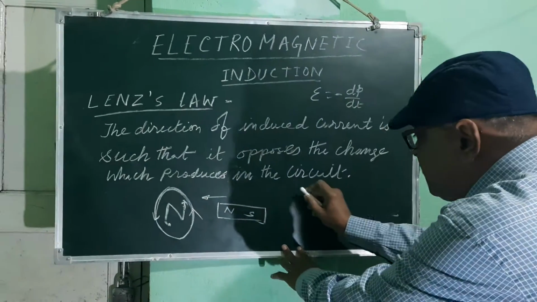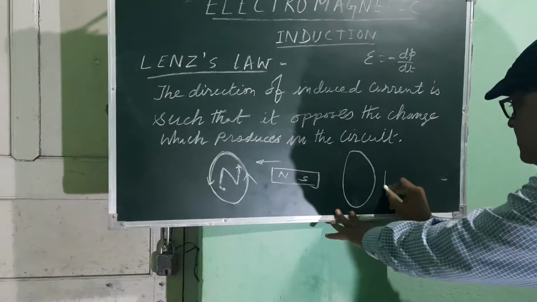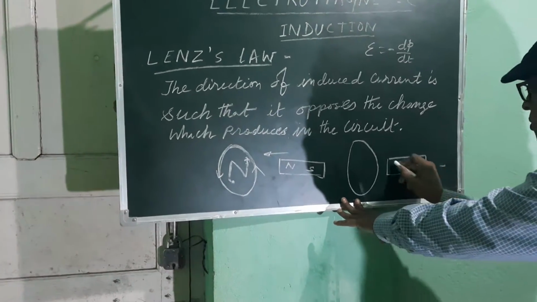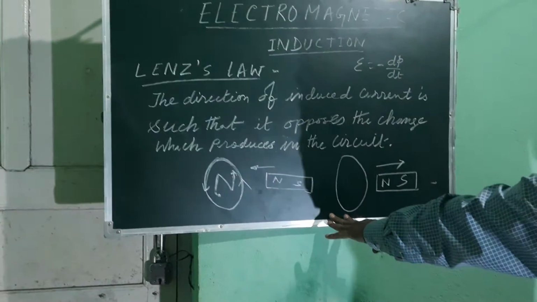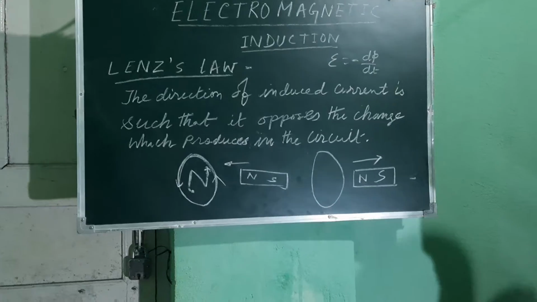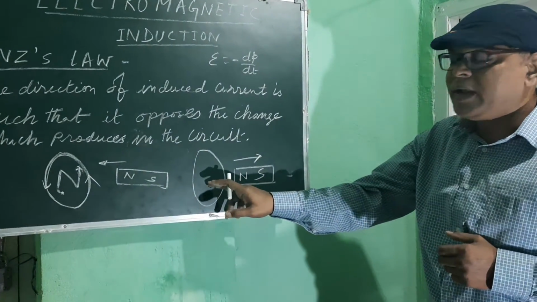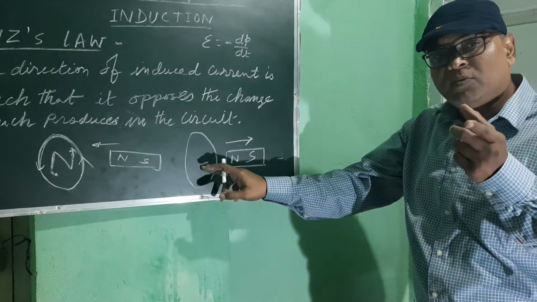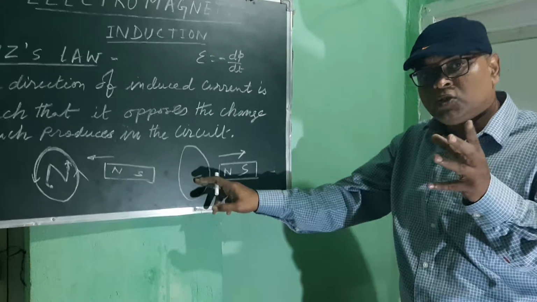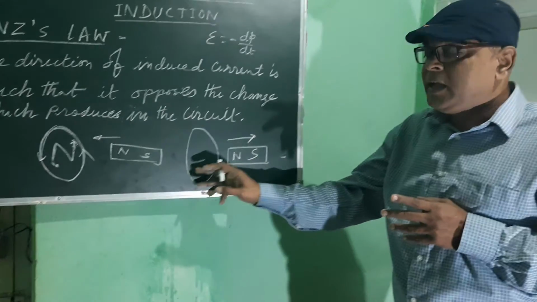Similarly, for example, here are the North Pole and South Pole, and now it moves away from the coil. When it moves away from the coil, it wants to stay in the previous position, so it will want to attract.